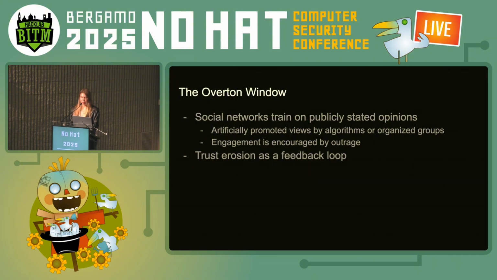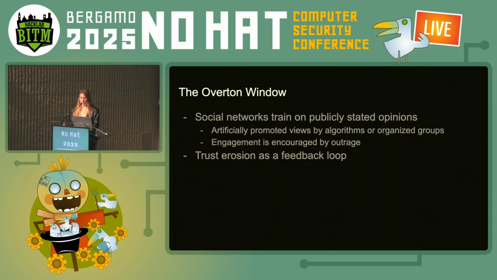Social media algorithms often prioritize engagement, which means divisive content often gets amplified. This creates a feedback loop where the training data a society receives is systemically biased towards conflict and extremism. So this is sort of like structural data poisoning that affects human learning and opinion formation.